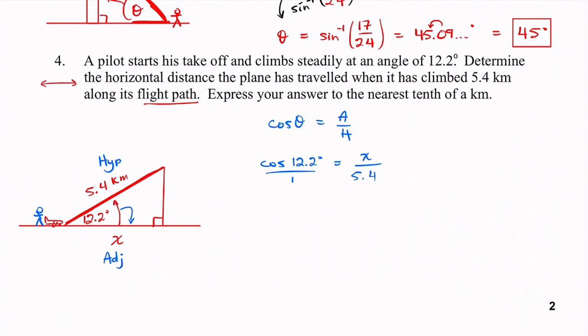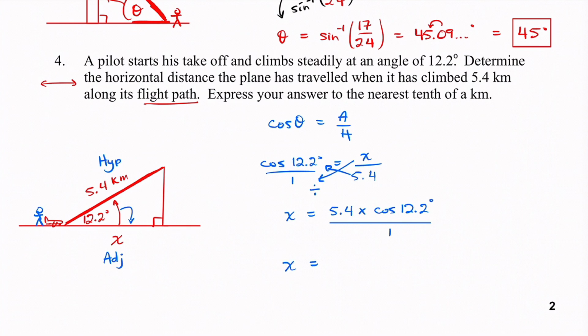Okay, and then I can put this over 1 because I'm not finding an angle, and I can do the cross, multiply, divide. So I'm going to multiply 5.4 times cos of 12.2, and then divide by the 1 across from x. So divide by 1. That's not going to change anything though.